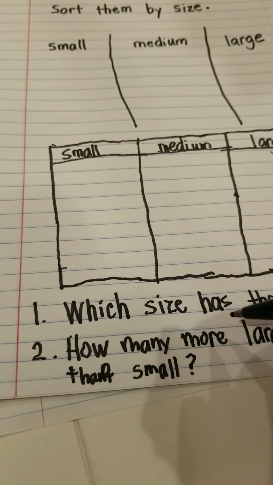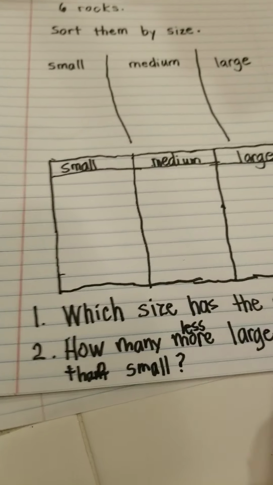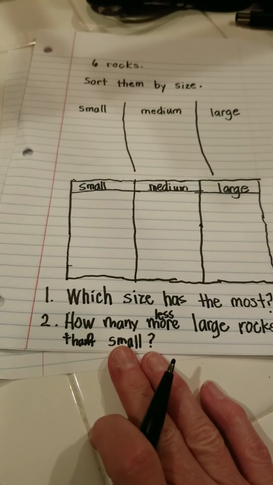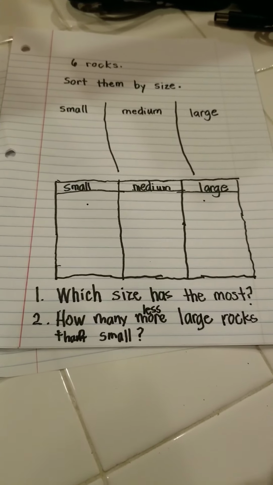And if you don't have more large rocks than small, you can change that to less. So then you're going to find the difference between the large and the small rocks. So you're going to compare these and tell me the difference.